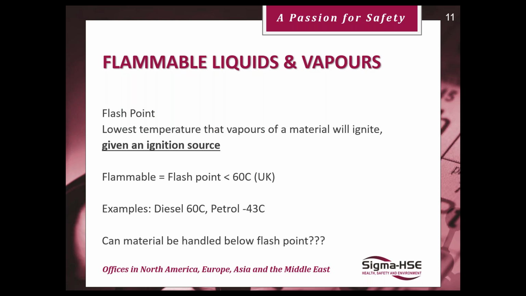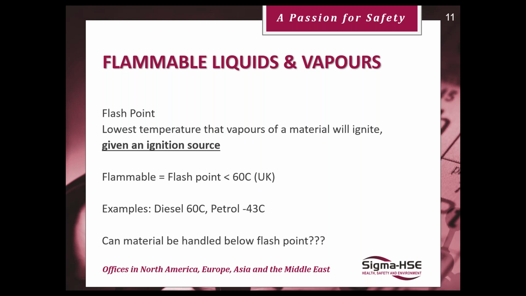Now, a lot of this, when we're dealing with liquids and gases, in a sense, has been done for us because of things like the classification, labelling and packaging regulations, where materials will have been put through a raft of tests to determine, for example, their flash point.